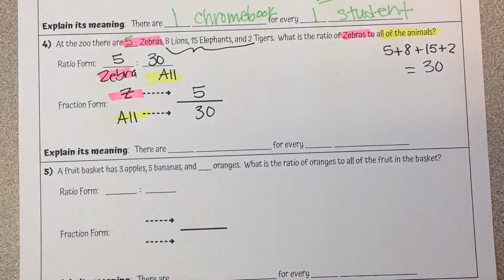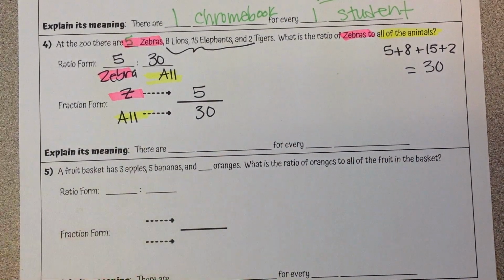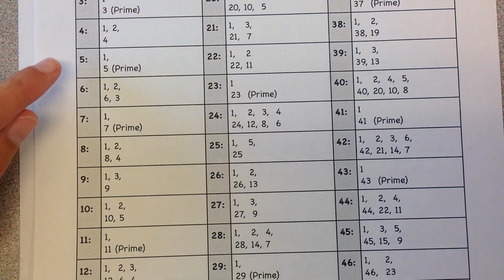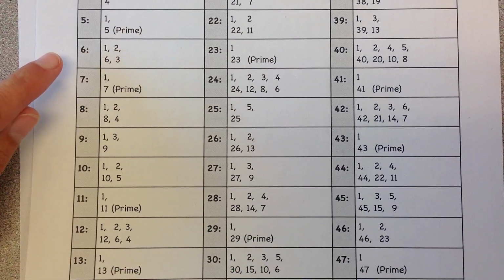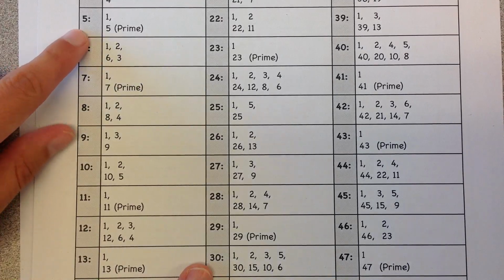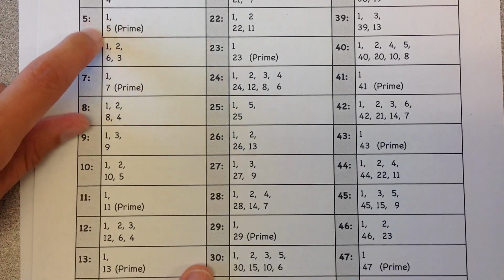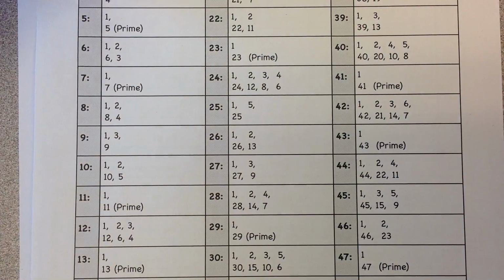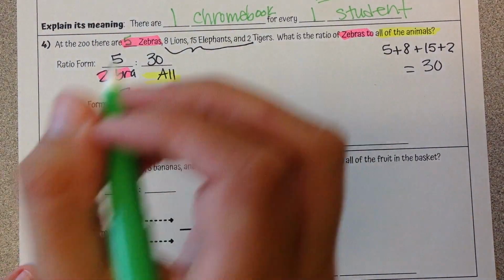And now we're going to simplify. Using my factor chart, looking at 5 and 30. Well, 5 only divides by 1 and 5. 30 also divides by 5. So the highest number they both divide by is 5.